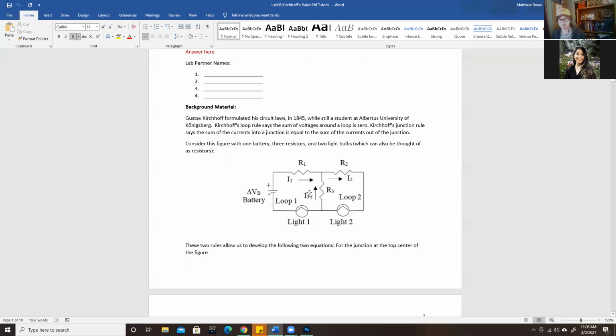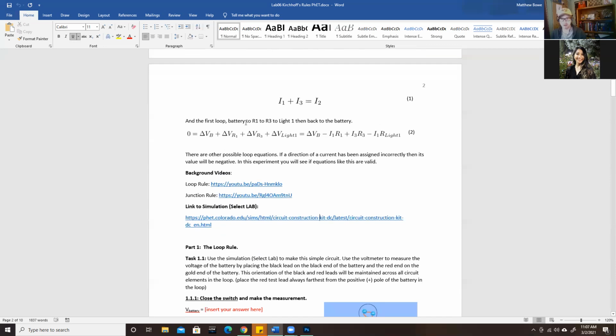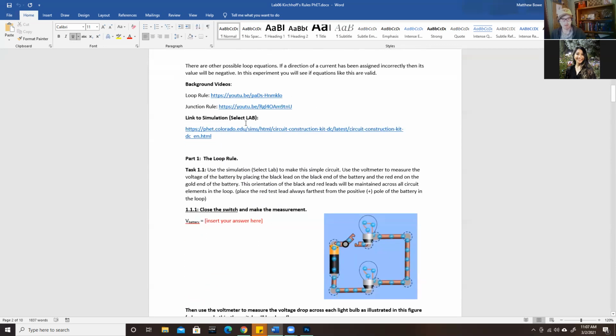In a bit, I'm going to talk about the two rules, the voltage and current rule. And here's some theory that might help you. And going into the simulation.